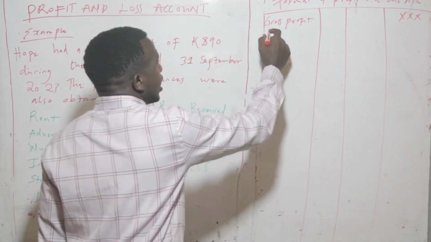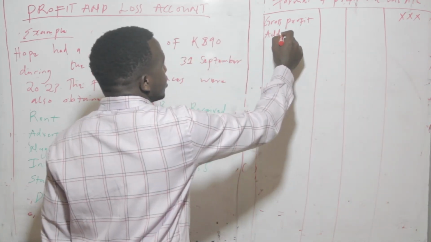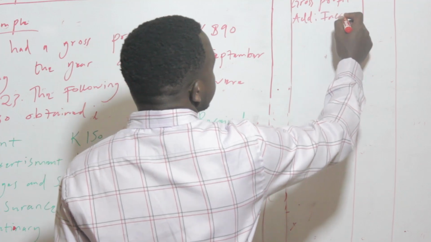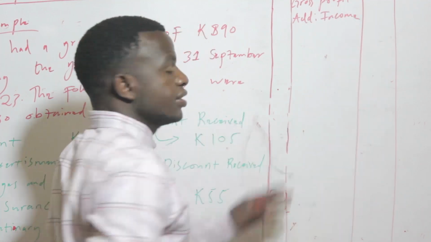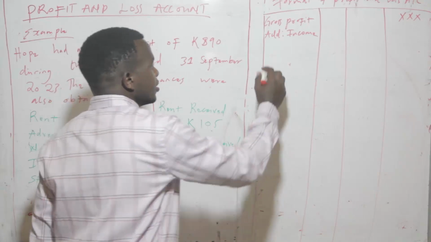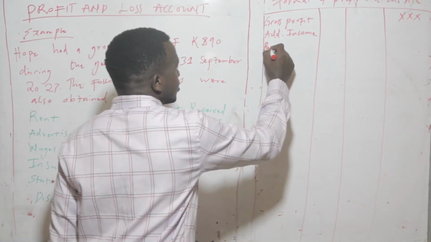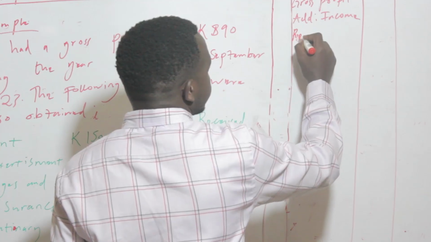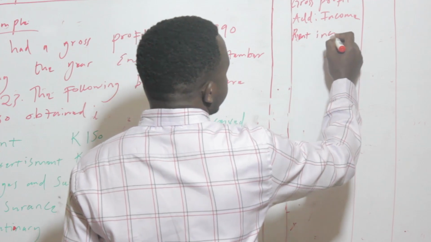Then we're going to say add income. And this income can be rent received, rent income.